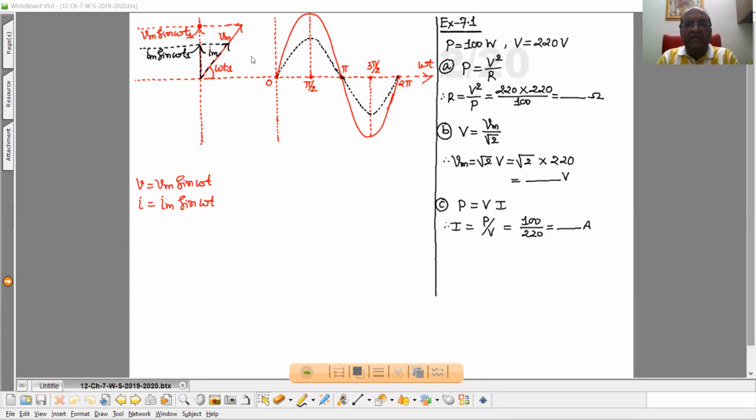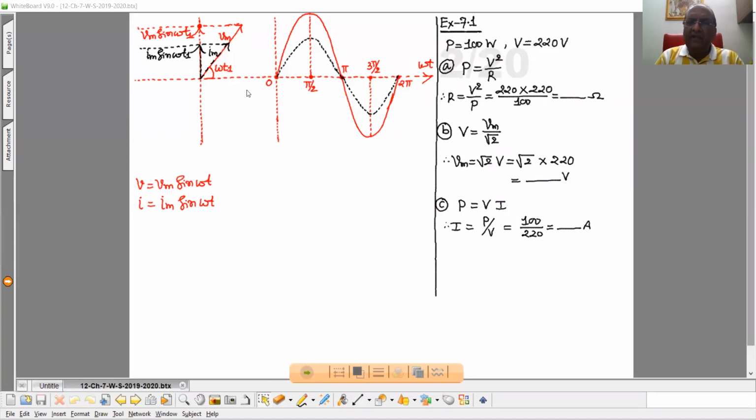If our voltage or current is changing as per sine omega t, then we take projections on the y-axis. If it is changing as per a cosine function, then we take the projections on the x-axis. At any instant, you get the voltage and current with the help of this phasor diagram.